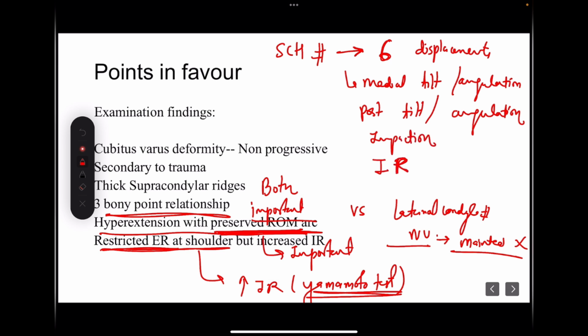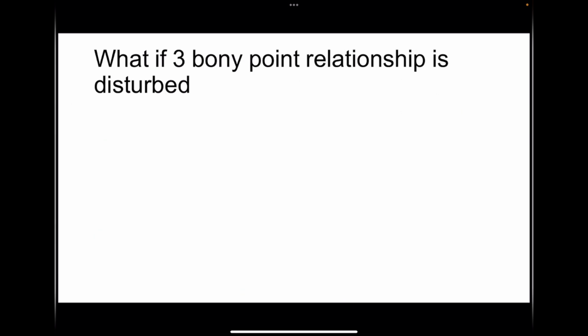Because of posterior tilt, the child will have hyperextension. Because of this internal rotation, child will have Yamamoto test positive. And because of this medial tilt or angulation, child will have varus deformity. So this is how you should remember it. Because of what all displacements the child is developing all these deformities, okay?